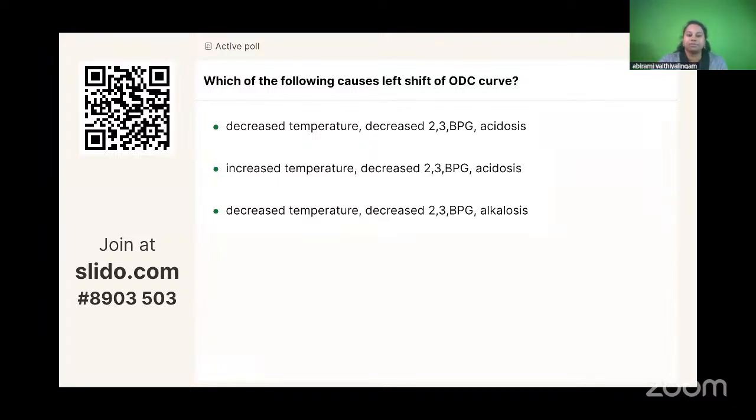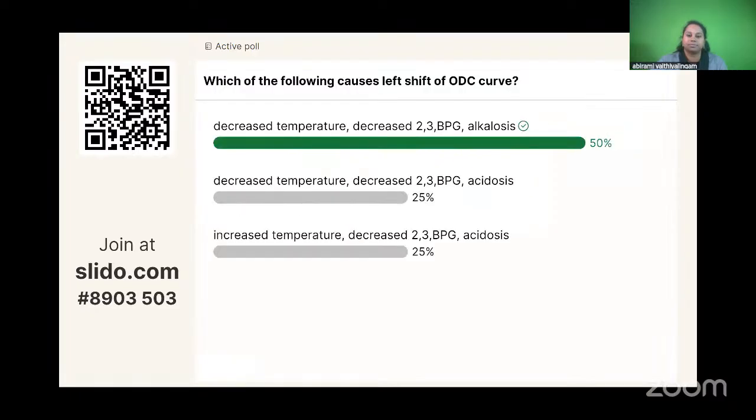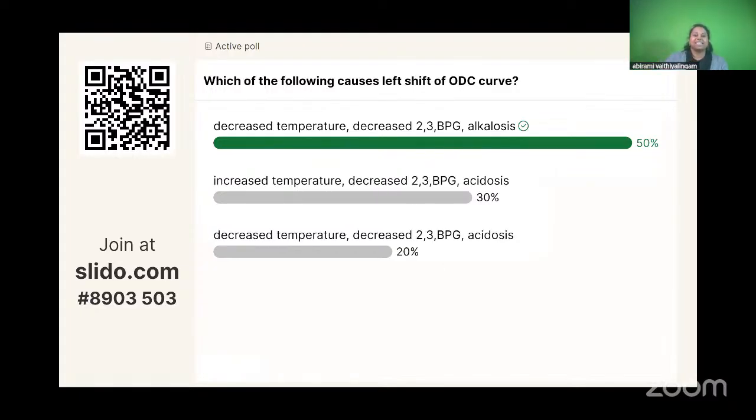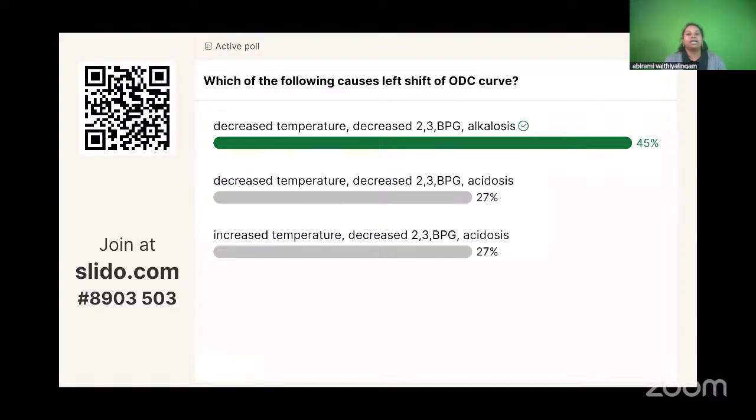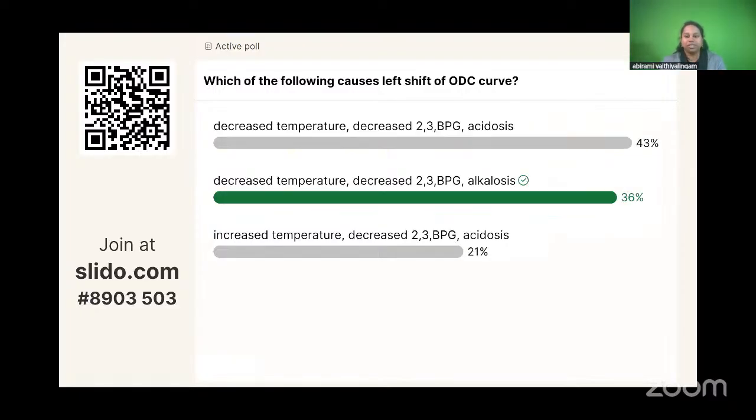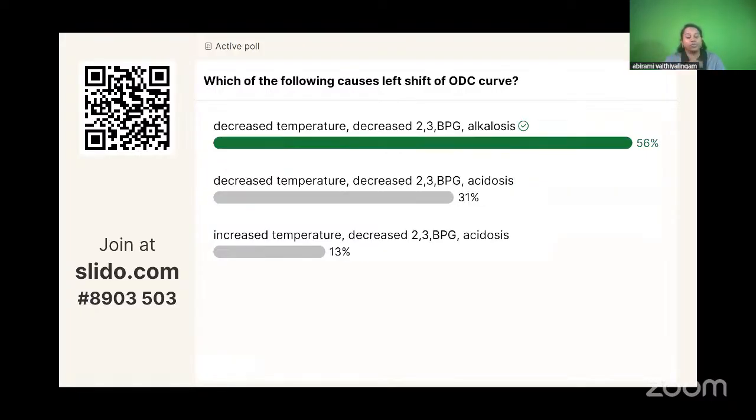Left shift. Decrease in temperature, decrease in 2,3 BPG, and alkalosis. See, there's an oscillation. Still you're getting confused. Left shift. Left means something negative. So we'll place all decreasing factors. Decrease in temperature, decrease in 2,3 BPG, decrease in H plus.